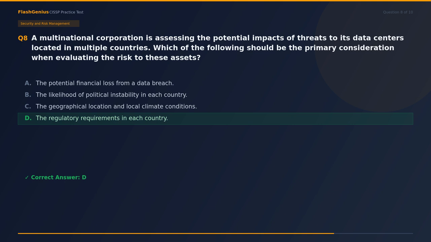Regulatory requirements, D, are mandatory, vary significantly across jurisdictions, and dictate the legal constraints, data residency rules, and potential penalties, such as GDPR fines, that a corporation must navigate. In professional certification contexts, like CISM or CISA, the multinational aspect of a question typically points toward the complexity of varying local laws and regulations as the most critical factor in risk management.